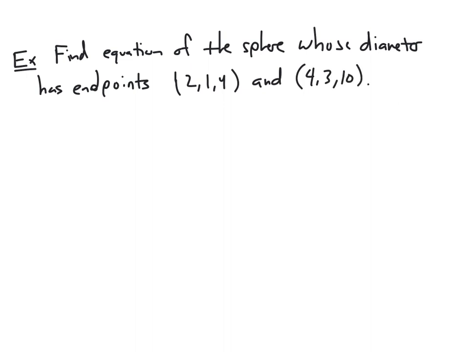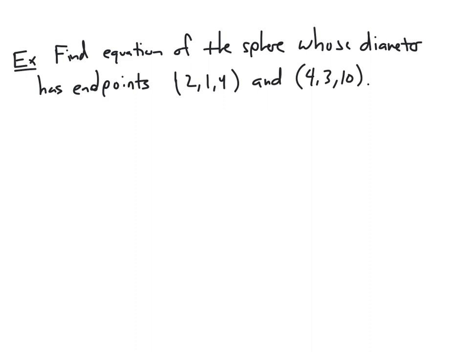In order to write down the equation of the sphere, I need to know two things: the center and the radius. I'm not given either of those things directly, although we can pretty quickly use what we know to figure out those two things. So I'm given the endpoints of the diameter of a sphere.